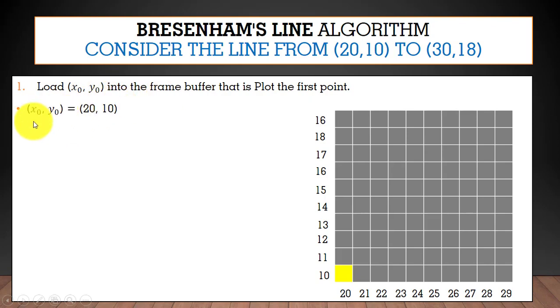So we will start with x0, y0 and the value for this is (20, 10). So you can see this is the first pixel we plotted here, that is the first point, 20, 10: 20 is x, y is 10.